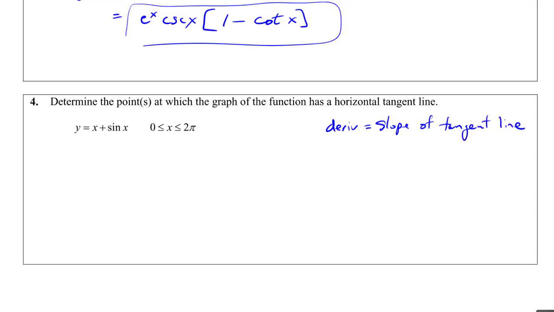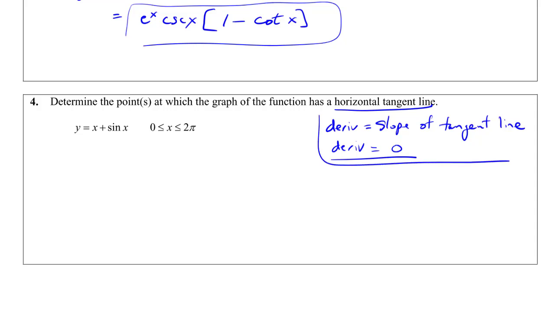So if we have a horizontal tangent line, that's a slope of the tangent line equal to 0. This question is really asking, when is the derivative equal to 0? That's just a restatement of the whole problem here.